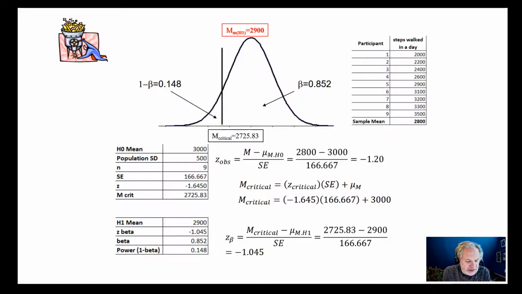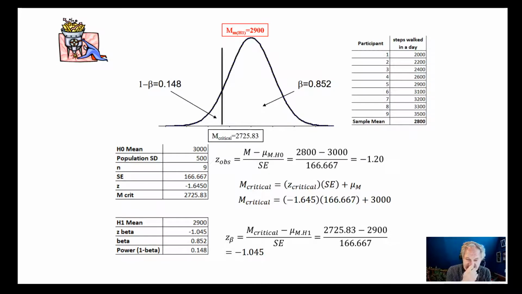The power of your test is 0.148, which means that roughly if someone were to replicate this study 100 times, only 15 of those studies would you correctly reject the null hypothesis. And 85% of the time, or 85 out of 100 studies, you would commit a type 2 error, or beta. You would fail to reject the null hypothesis.